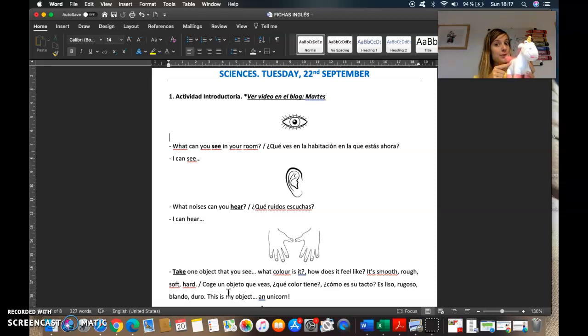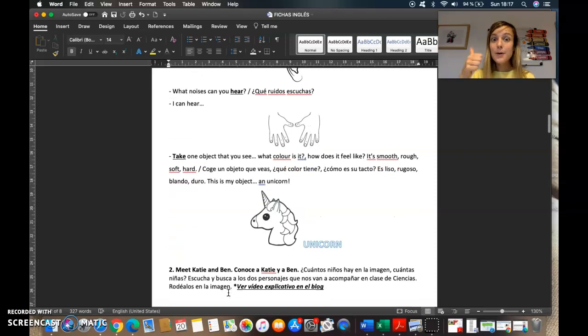My unicorn toy, because this is a toy, or a cuddle, peluche, okay, is soft, blandito, soft, and smooth, suave, okay? What about your object? Say it in English, remember. Great!